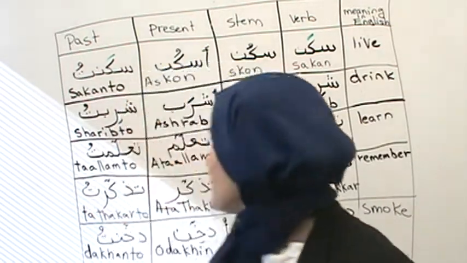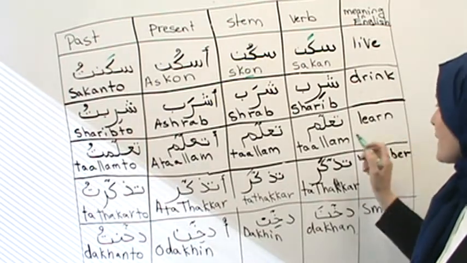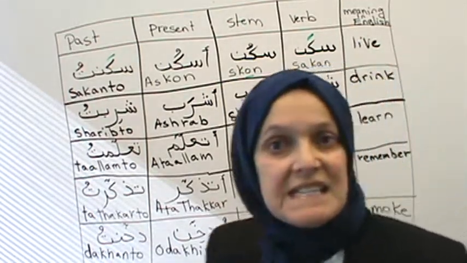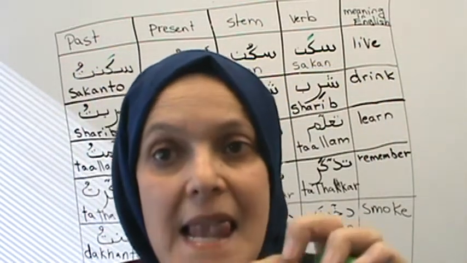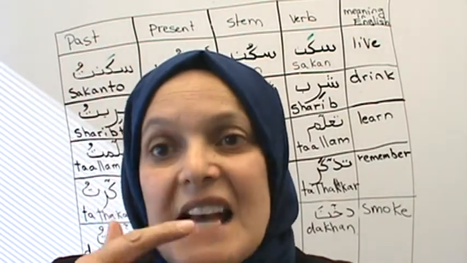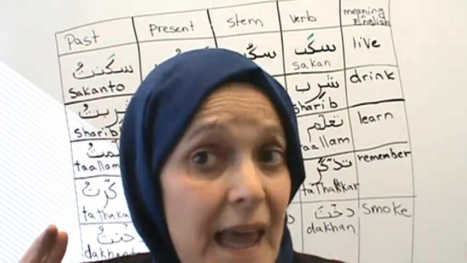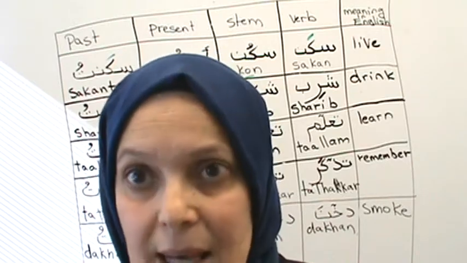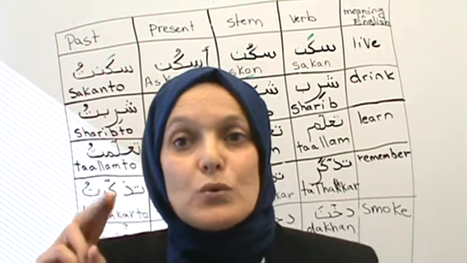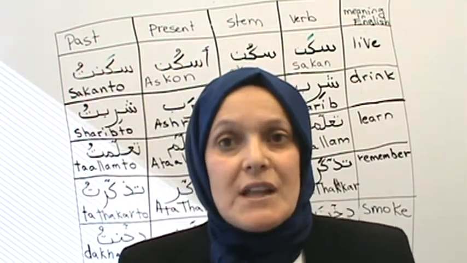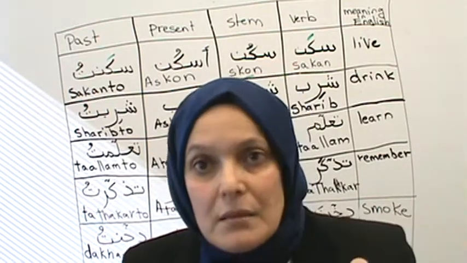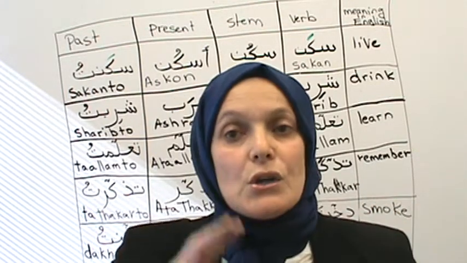The verb to learn is ta'allam. Ta'allam. You see my tongue? Ta'allam. It has a double L, just like takallam. We have 2 L's, and we have this in English, like when you say little, you have 2 T's.